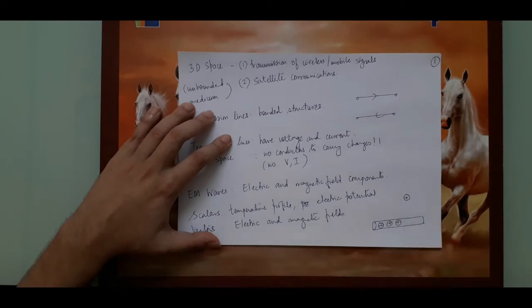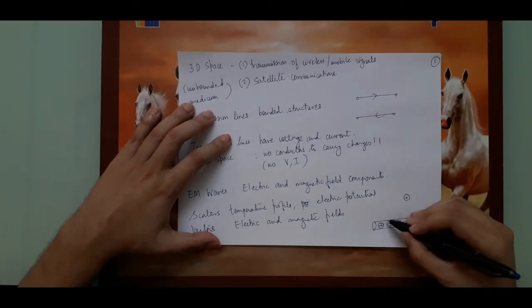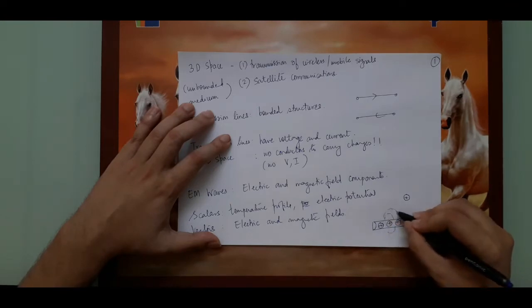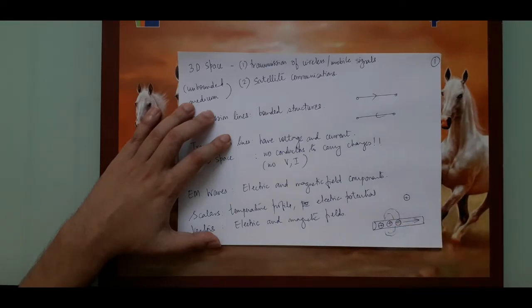Suppose I have some charges inside the conductor and I am making them move. What is happening then? Then I can say that some kind of current has been set up inside the conductor. What is causing the current is a later part. There would be some voltage source or something of that kind. So we know that whenever current starts flowing, a magnetic field is created around it.